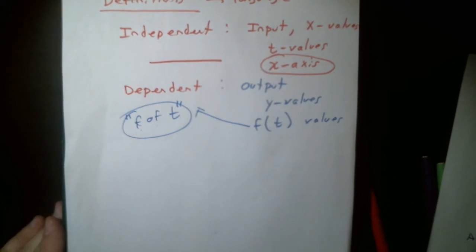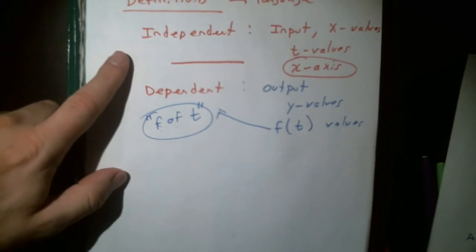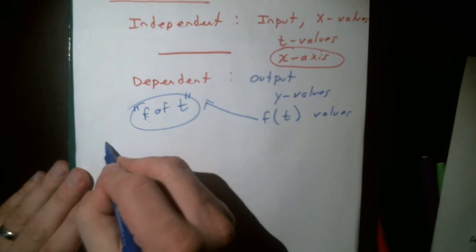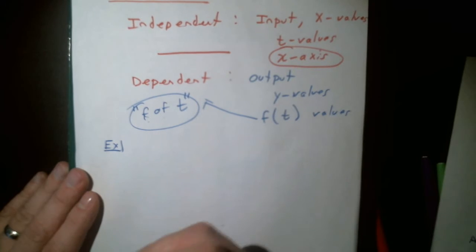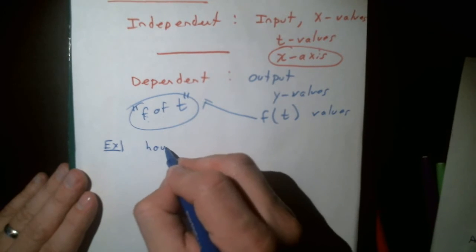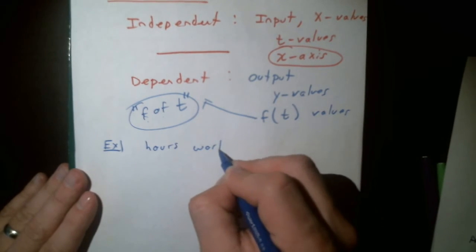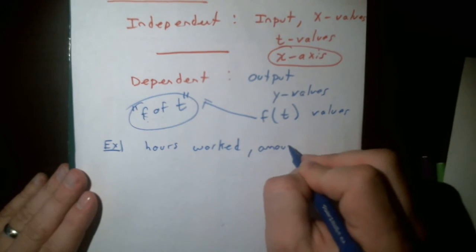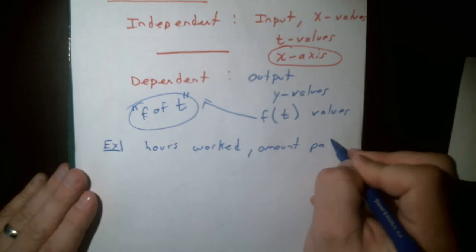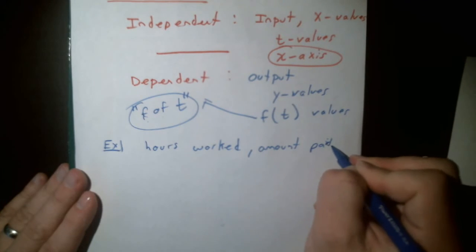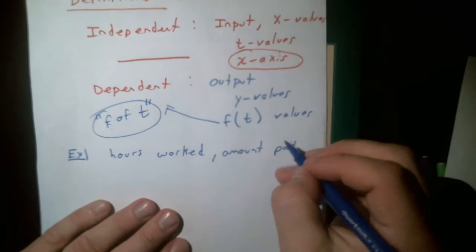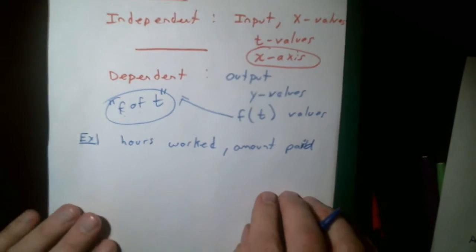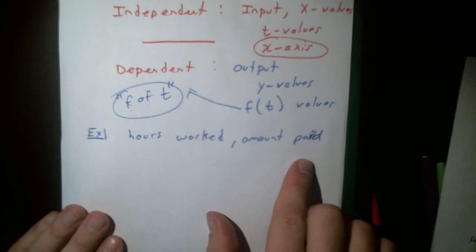So here's a couple of examples. So you have your independent, you have your dependent. Now, here's a couple of examples where you would see some of this. Well, what about hours worked and amount paid?